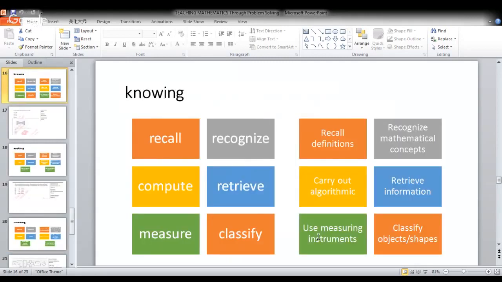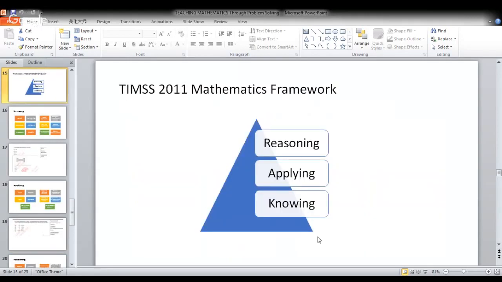Right? So, I will continue with this discussion, maybe because it's 8:43. What is very important now is in our lesson, we should think about addressing these cognitive skills: knowing, applying, and reasoning. Only three. Only three in the TEAMS framework. That is knowing, applying, and reasoning.